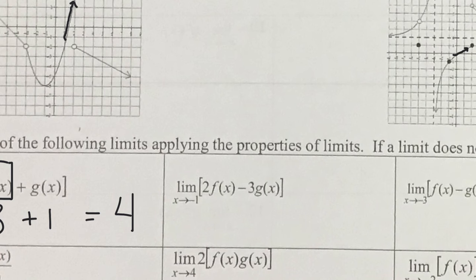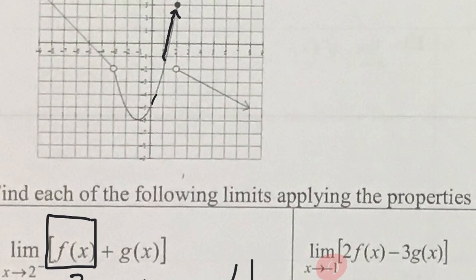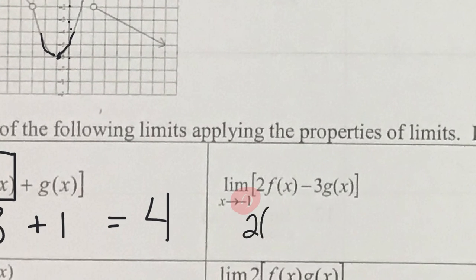So now we're looking at negative 1. As x approaches negative 1 on your f graph, let's see, negative 1 is going in this direction and this direction. So when x is negative 1, y is 1, 2, 3, 4, 5, 6, negative 6. So negative 6 is the limit of f. And what is the limit of g at negative 1?